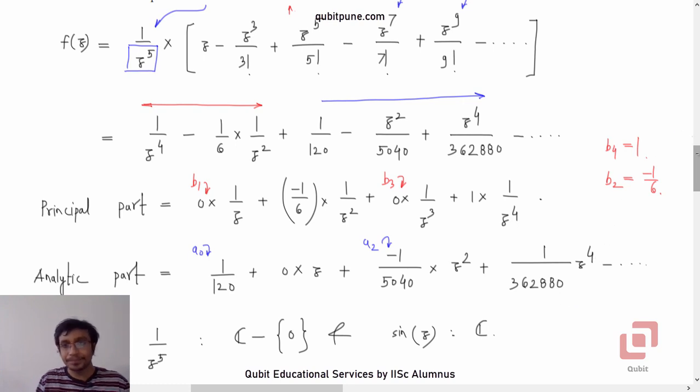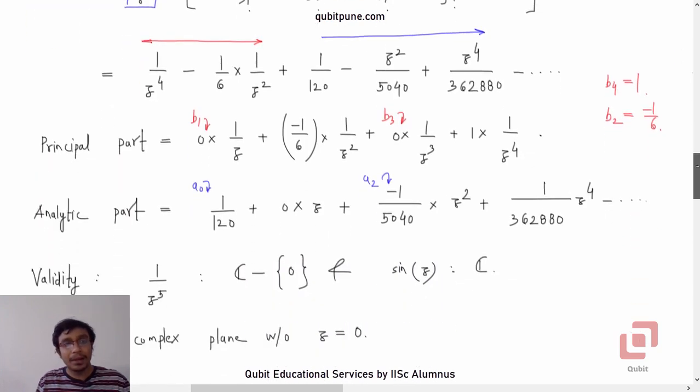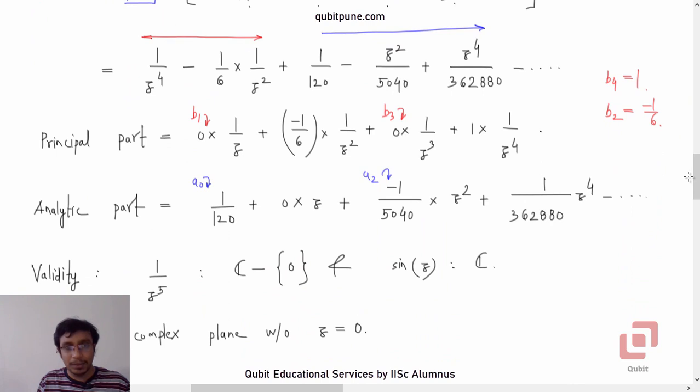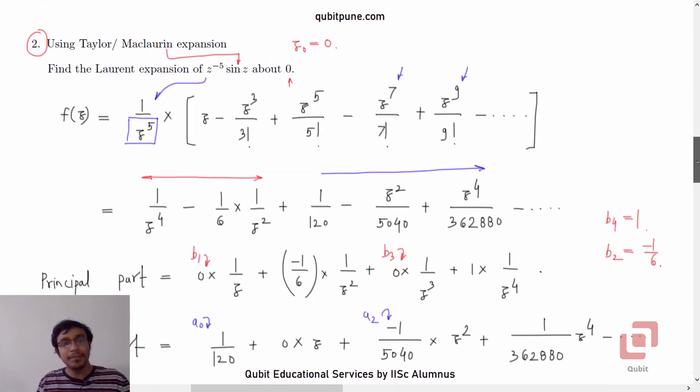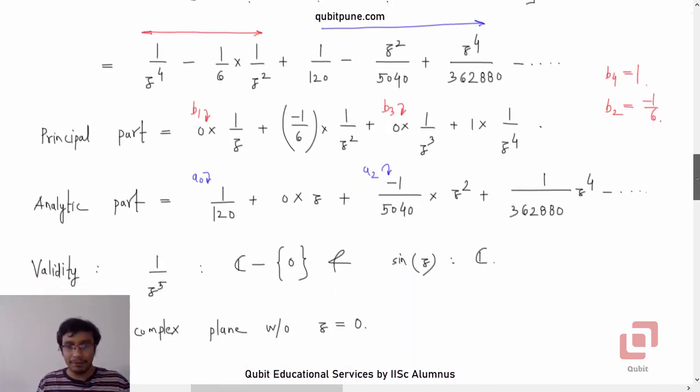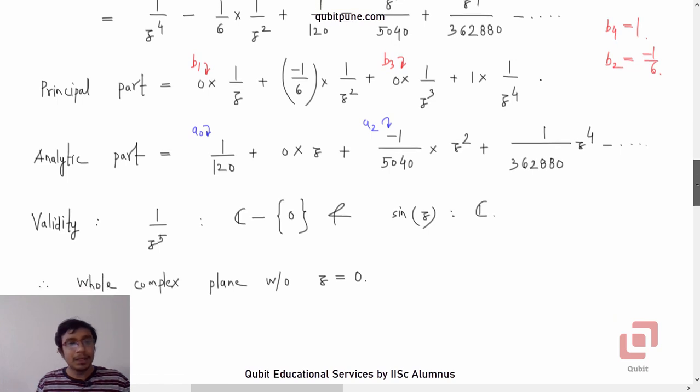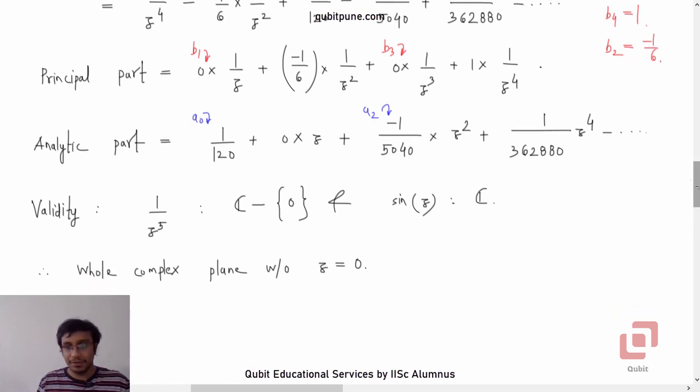Okay, and so on. Now, having identified the principal part and the analytic part, let's also talk about the region of convergence. Like the previous problem, this particular function is a ratio of two analytic functions, sin z upon z to the power 5, and z to the power 5 is not defined only at 0, it is analytic everywhere else, because it is a polynomial function, right?